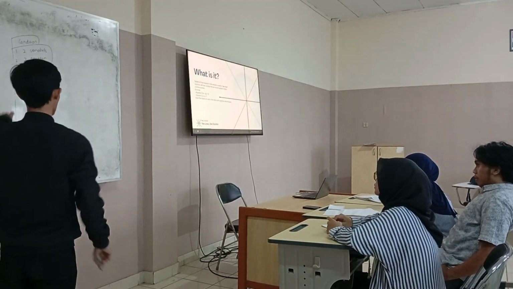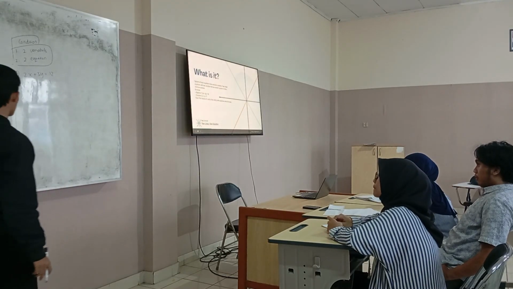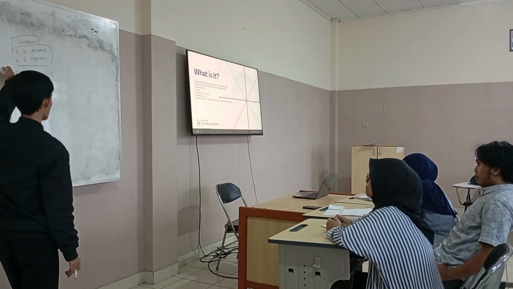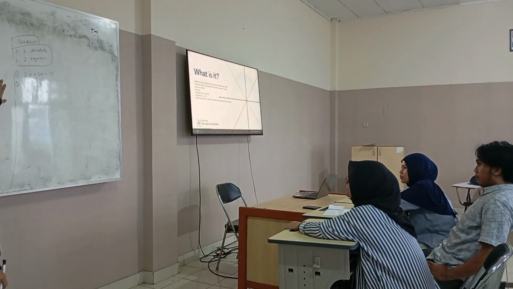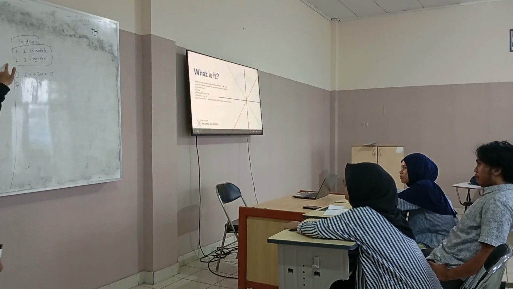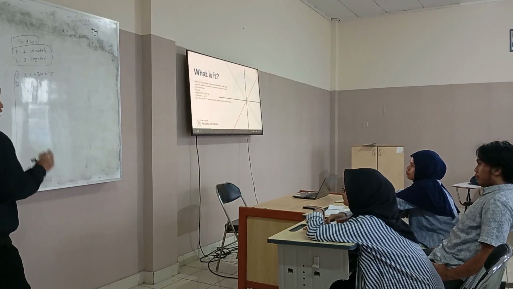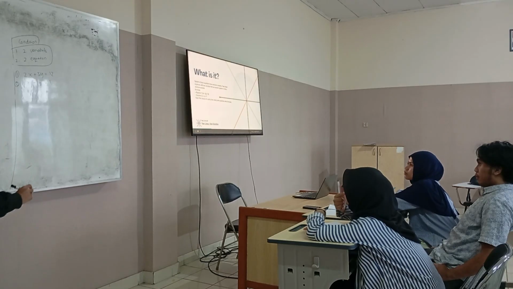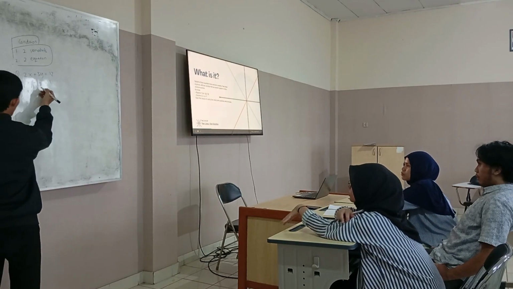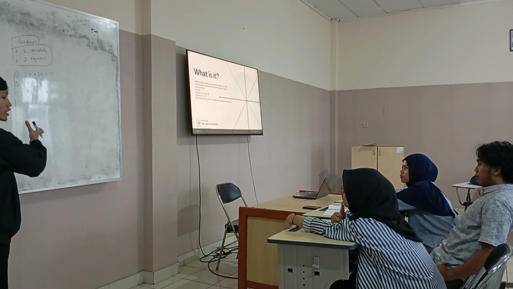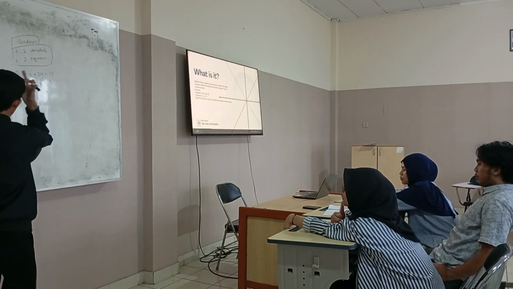Now, let's see these two equations. This meets the condition of a system of linear equations in two variables because it contains two equations, the first and second equation, and it contains two different variables, x and y. So this is a system of linear equations in two variables.